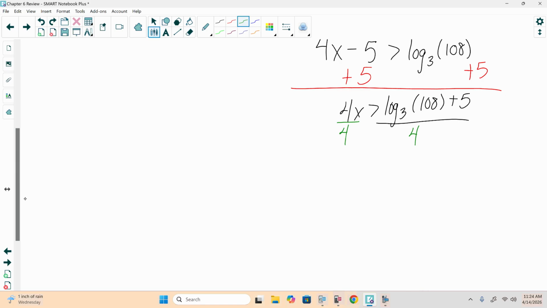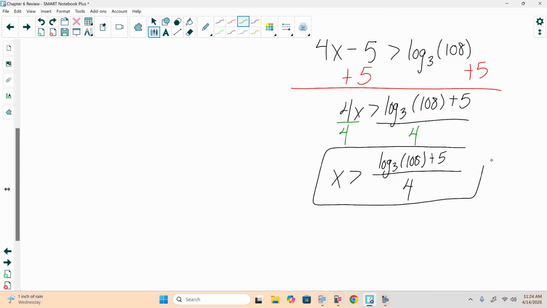And when we divide both sides by 4, 4x divided by 4 is going to be just x, is greater than log base 3 of 108 plus 5 all over 4.